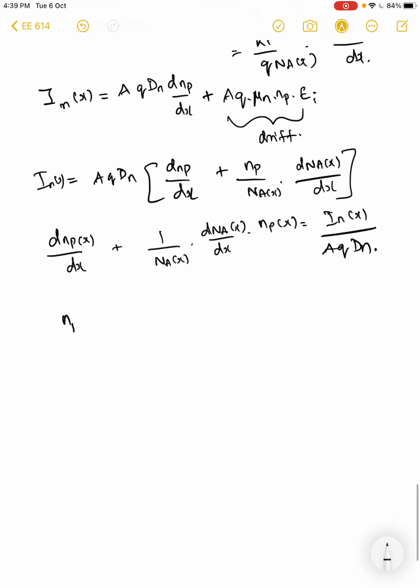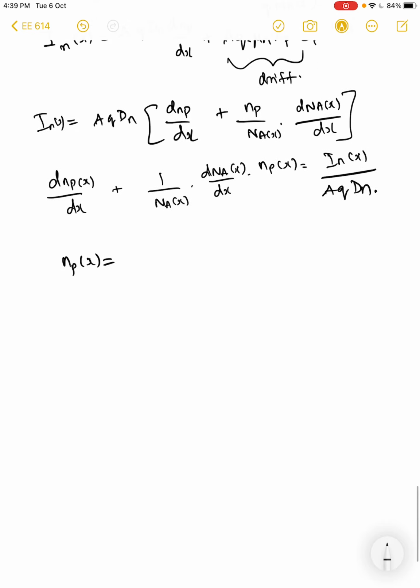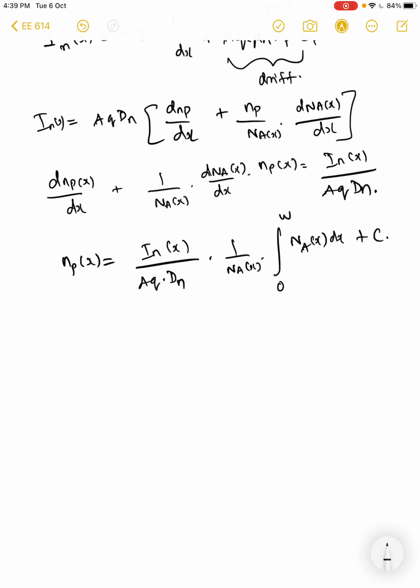The solution for this is, plus C, right? So this is the typical solution for this differential equation.